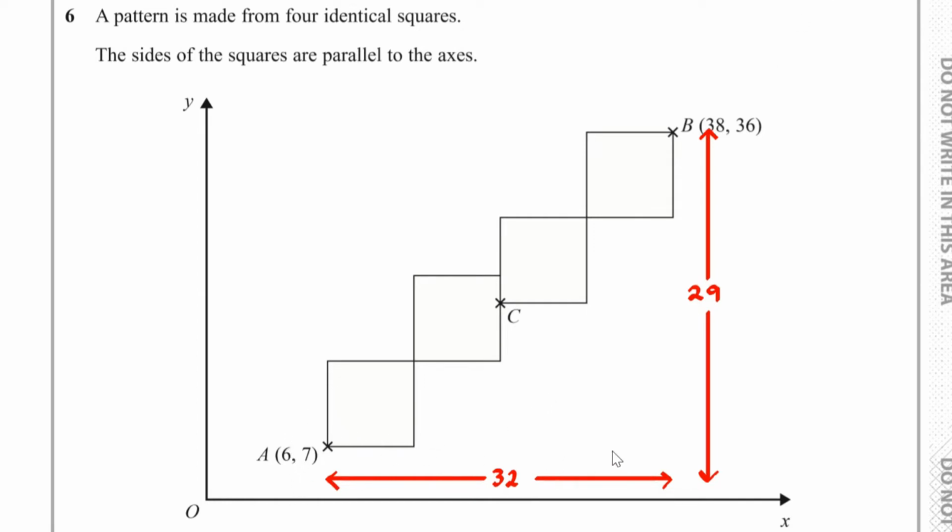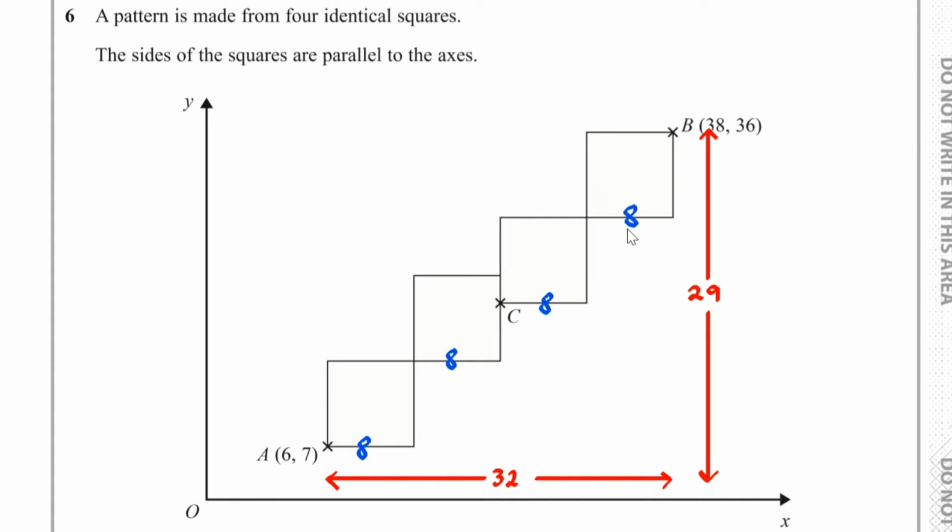Now we can find out the length of each side of the square. We can do this by recognizing that the 4 squares in the x direction would make up the 32. And so for each side of the square, 32 divided by 4, that's 8. So each side of the square is worth 8.